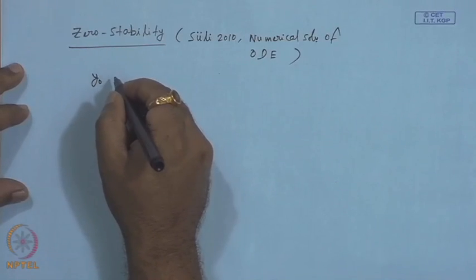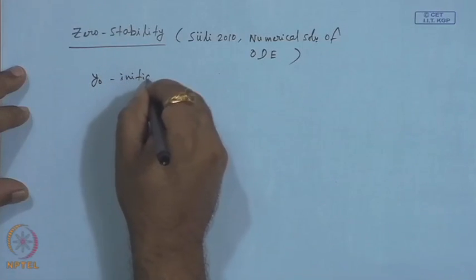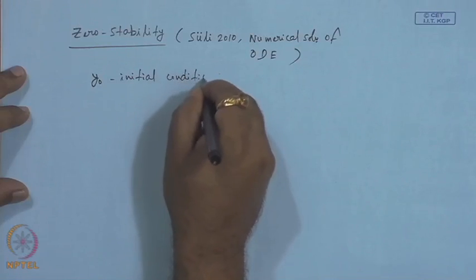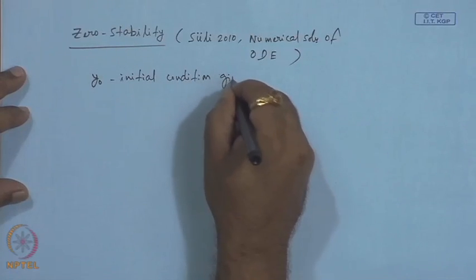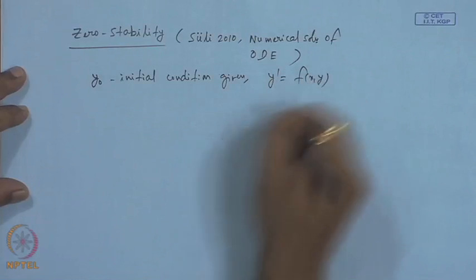Y 0, the initial condition, is given and our IVP is y prime equals f of x y.